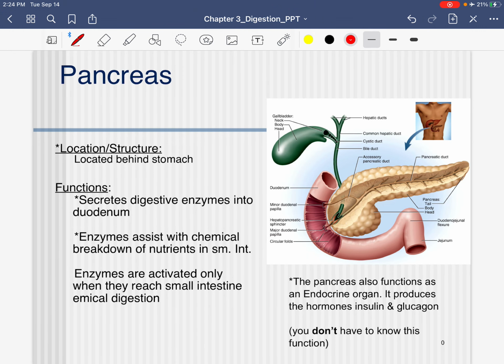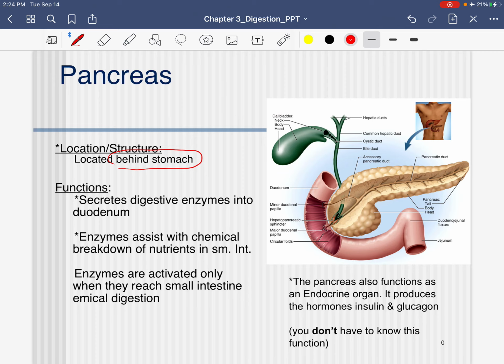Let's first talk about the pancreas. It is behind the stomach. If you look back through some of those pictures, it's hard to see, but this yellow oblong thing, as we see in the picture, is behind the stomach. It has two main functions.